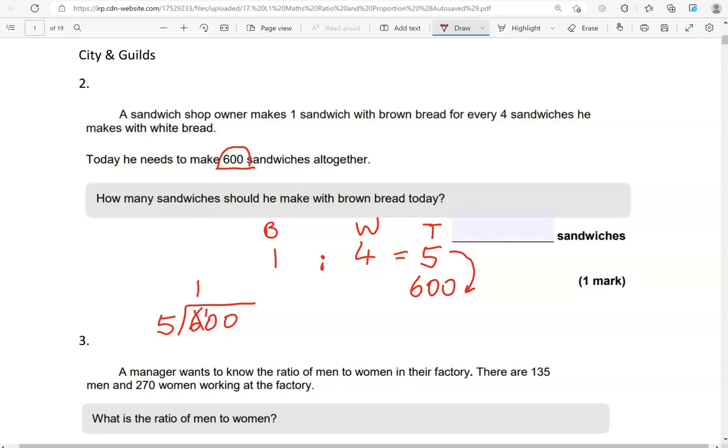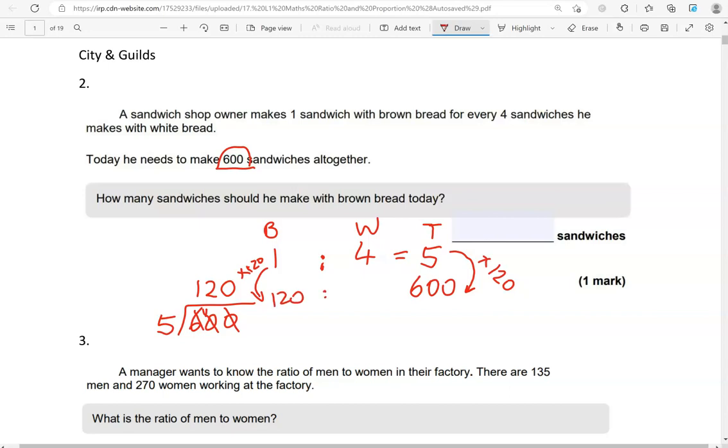How many 5s into 10? That is exactly 2. How many 5s into 0? That is 0. So 120 times larger. So that means we multiply this by 120. 1 times 120 is 120.